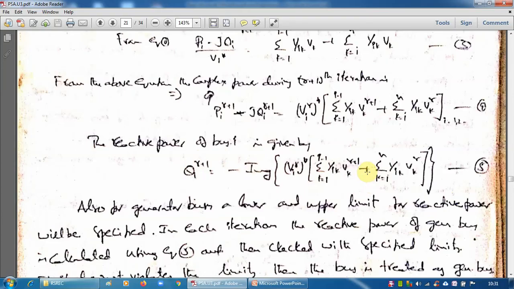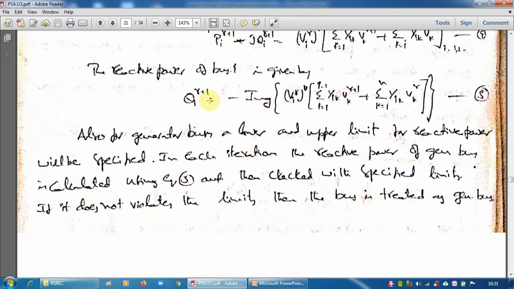Why? Because for a generator bus we need to calculate Q. P and V are given. You see, P and V are given. We need to calculate Q and delta.